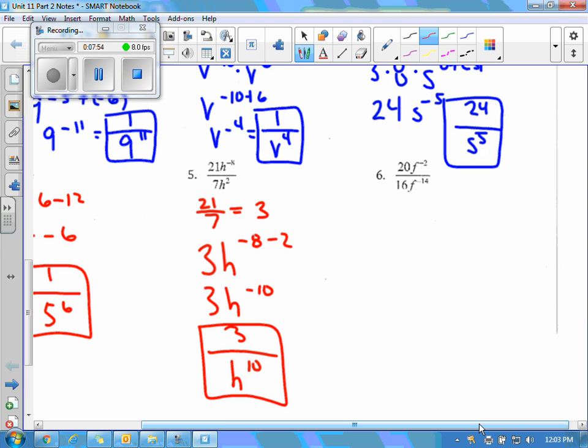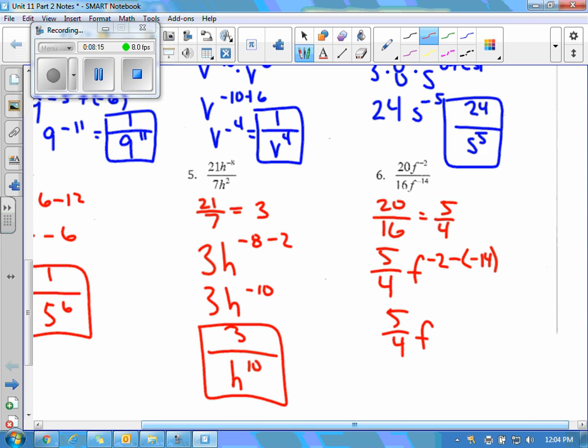Looking at number 6, I'm going to start by simplifying the coefficient part, so I can reduce it down to 5 over 4. Then I have f to the negative 2 minus negative 14. When I work that out, I get f to the 12, and since it's already positive, I can write it on the top.